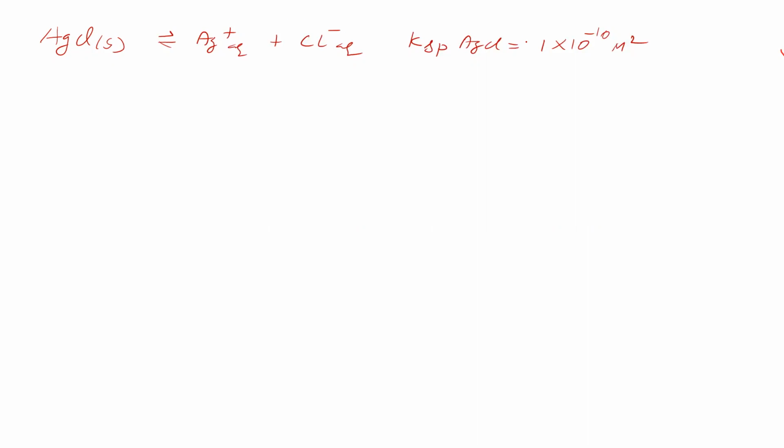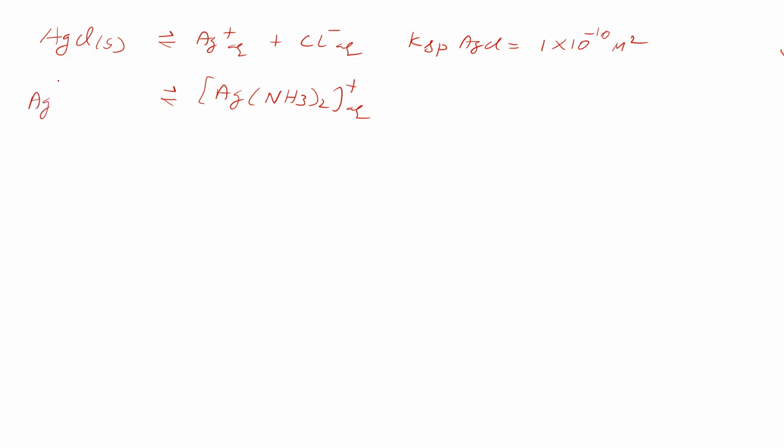Another data given is the formation constant of the complex ion. For that, how to write? Formation of complex. What is the complex given? Ag(NH3)2+ formation of this complex. So on the left side, what you have: constituent species. This Ag has a plus 1 charge.